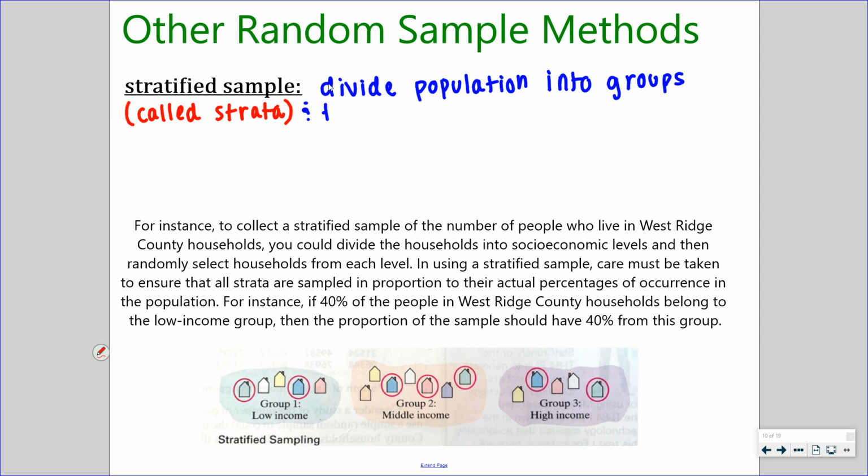And you take a proportionate number from each stratum, or each group.